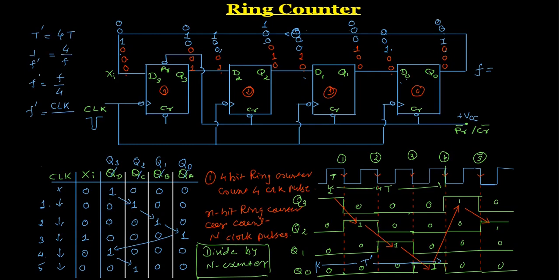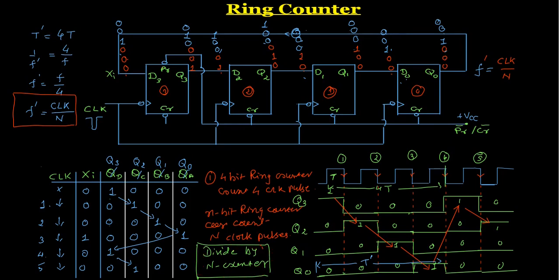Here we have a 4-bit register, so it is divided by 4. In general, if we have an n-bit register, then the frequency at the output of the final flip-flop will be clock divided by n. So this is another important relation, and that's why the frequency present at this point, f dash, is given by clock frequency divided by n, and therefore it is known as a divide by n counter.